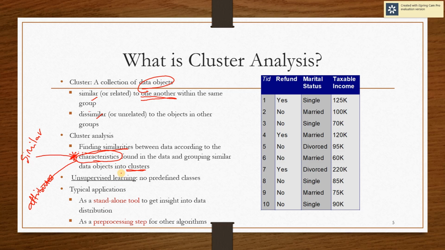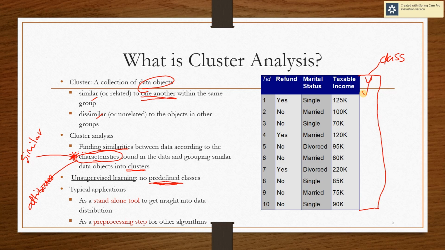Clustering is sometimes called unsupervised learning. Why? Because it does not have any predefined classes. If you still remember, in classification you have one class label. You have a few attributes and one is considered the class label.